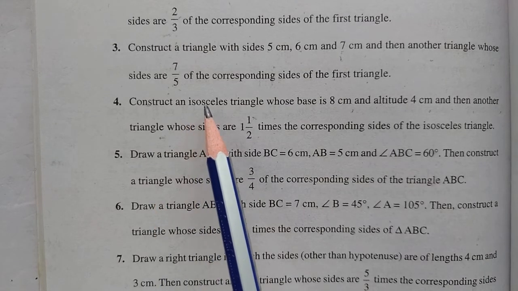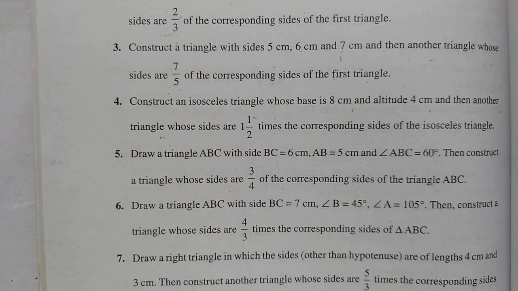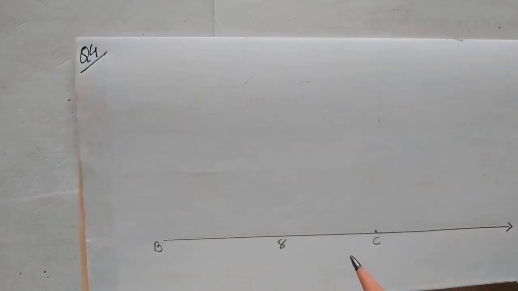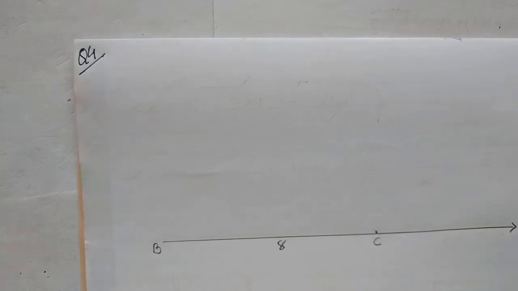So first we will construct the isosceles triangle, then the altitude. Now children, BC is an 8 cm line segment on the ray. Here we want to construct the isosceles triangle. Altitude is given as 4 centimeters.